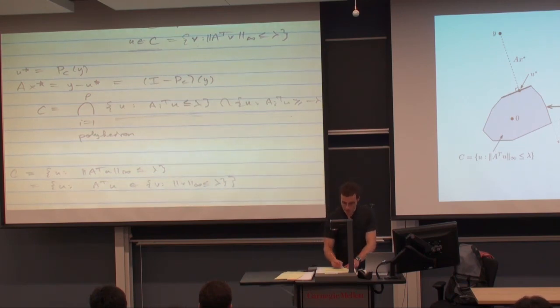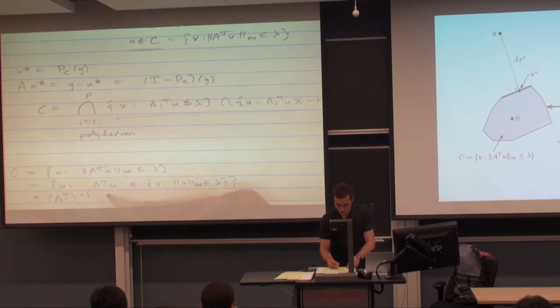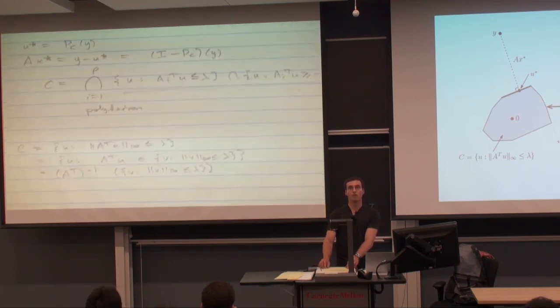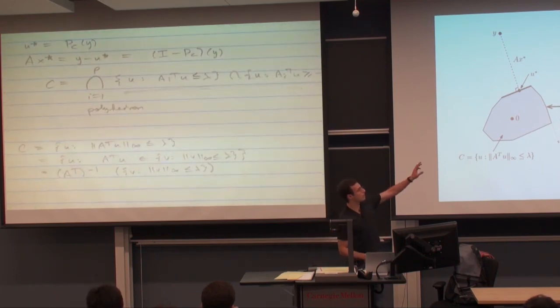Right, so I can think about this. I don't mean a matrix inverse. I mean actually the inverse image just under the function A transpose of the hypercube. Okay, so that's what that arrow is doing there. It's going from the hypercube in R^p to something in R^n, and that something is a polyhedron.